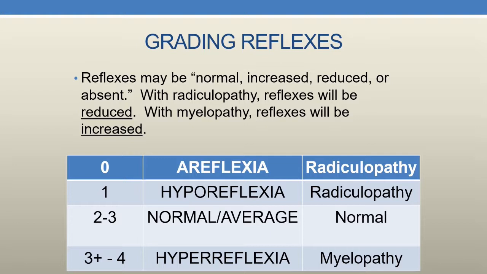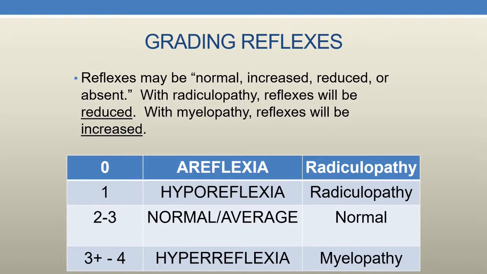Okay, so absent reflexes would be graded as 0. That's known as areflexia. That would be suggestive of radiculopathy. Reduced reflexes would be graded as a grade 1. That's also known as hyporeflexia. That also would suggest radiculopathy, although could be normal for this particular examinee.